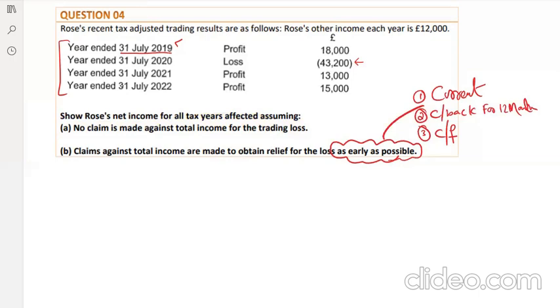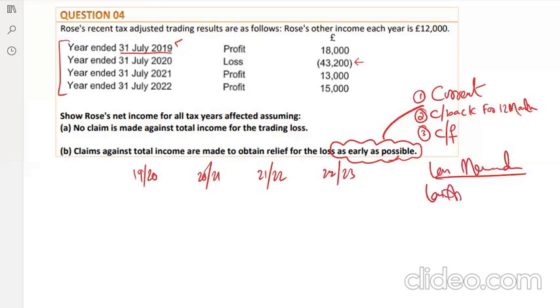How to do it? Just look at the screen. We have 1920, 2021, 2122, and 2223, right or wrong? On the corner we have the loss memorandum. Loss arises in the second year, which is this one, 43,200. Till here we are fine.